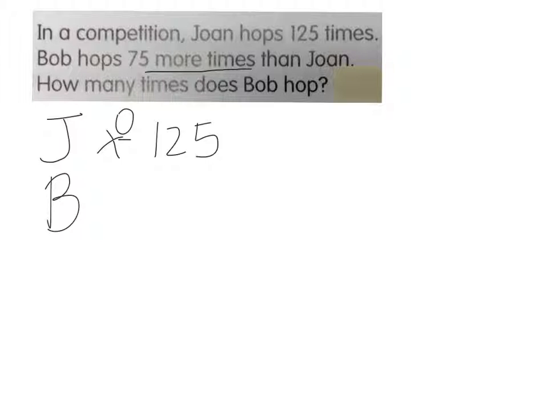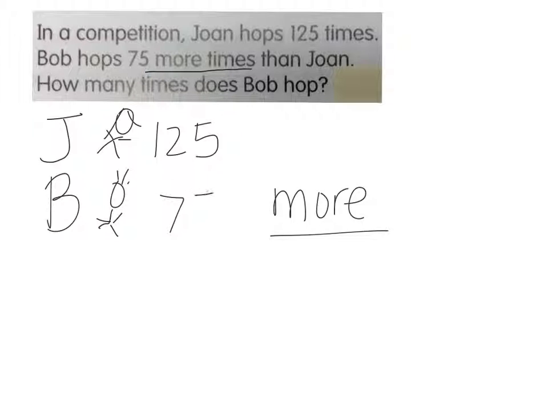So what do we know about Bob? He did more times. So we know that Bob did more. And he did how many more now? Tell me how many more. 75 more. Okay. So we know that information.